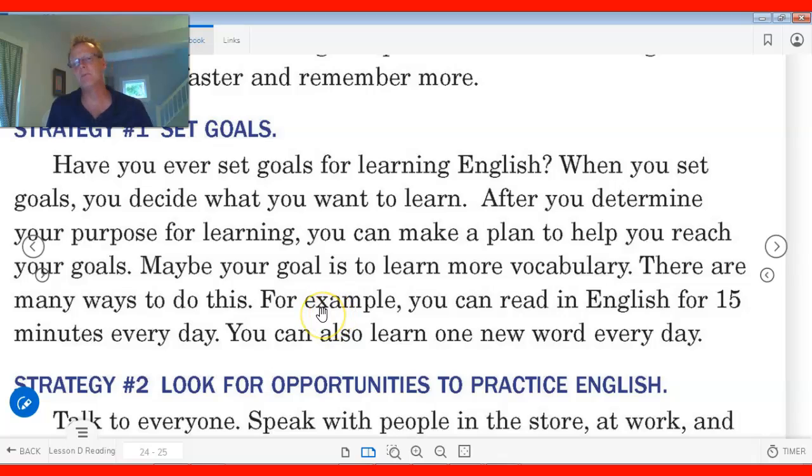For example," so now they're going to give you some specifics from the text, "you can read English for 15 minutes every day. You can also learn one new word every day." So this is a big signal that the author is going to give you some details to back up some reasons, some evidence for what he just stated. Generally, in any paragraph, this is pretty common.